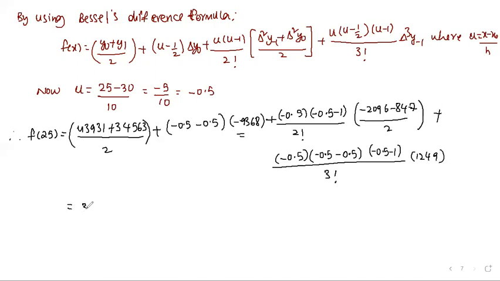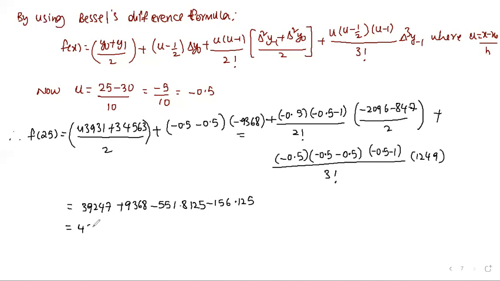After calculation, we get 39247 plus 9368 minus 551.8125 minus 156.125.